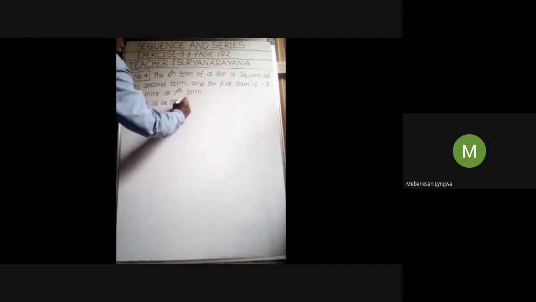Fourth term of the geometric progression is equal to square of the second term. Okay, my children, with the help of these conditions, we find the common ratio, and after that we find the seventh term. Okay, my children, right. Come to the solution part. Let us consider, let A be the first term, and small letter r be the common ratio of a geometric progression.